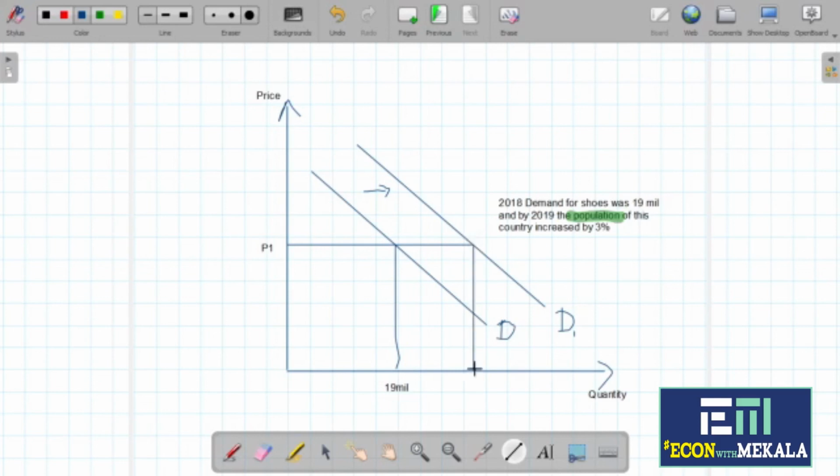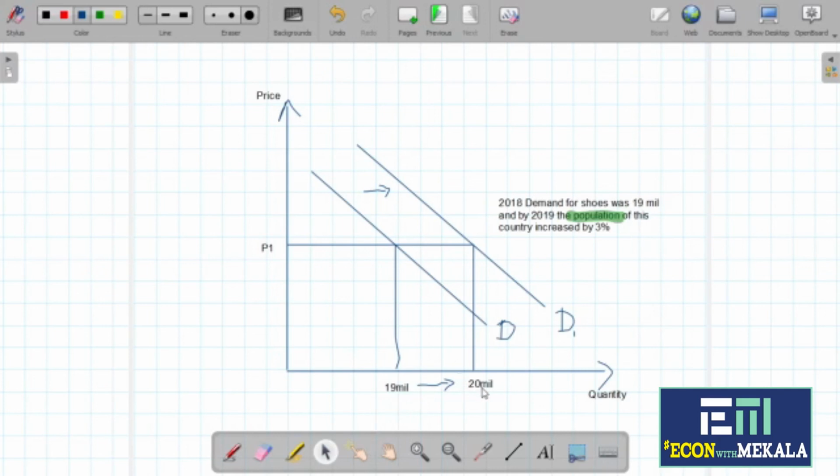So this 19 million has increased. Let's assume this increased to 20 million. So original quantity was 19 million and the new quantity is 20 million.